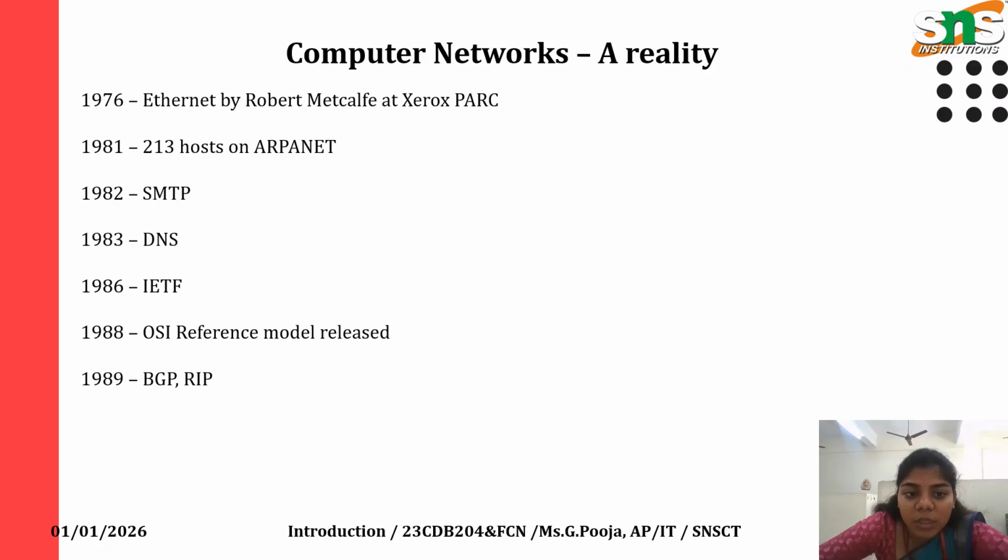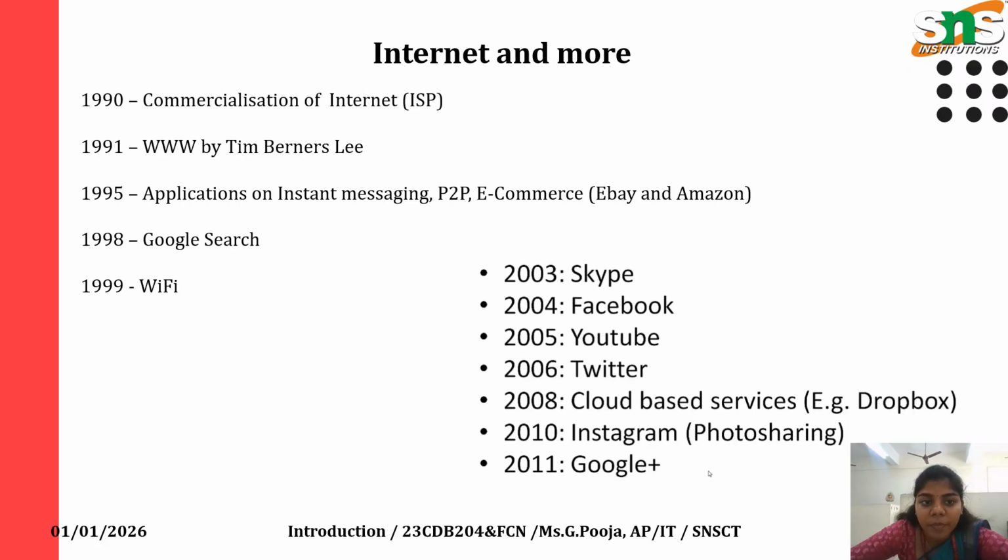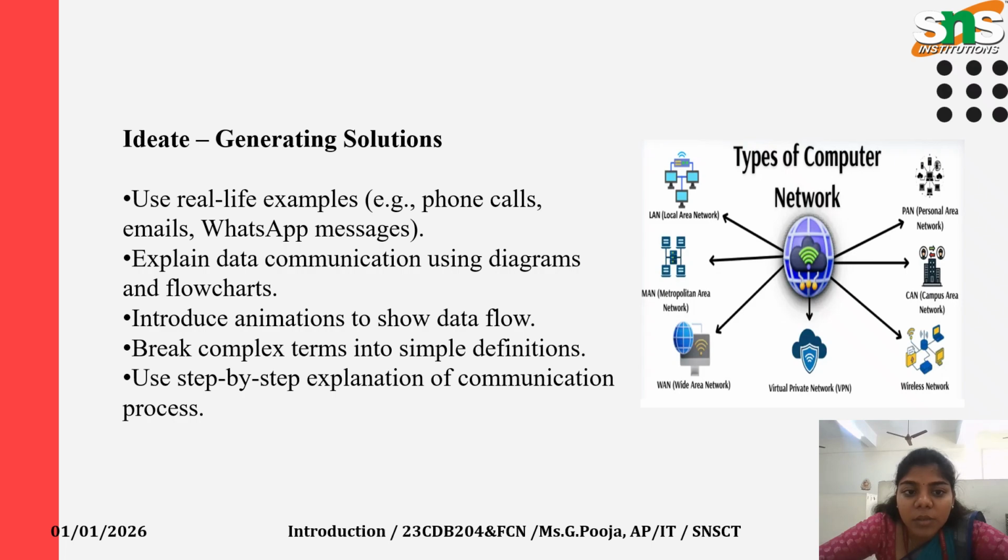As we said before, these are the list of computer networks that exist, how they have evolved, and what evolutions happened, like internets or connecting tools. And here, generating the solutions, there are different types of computer networks. The basic idea is to break complex terms into simple definitions and use step-by-step explanations for the communication process.